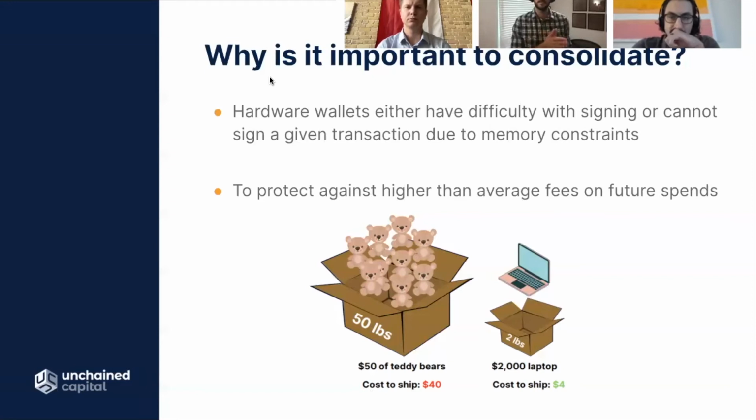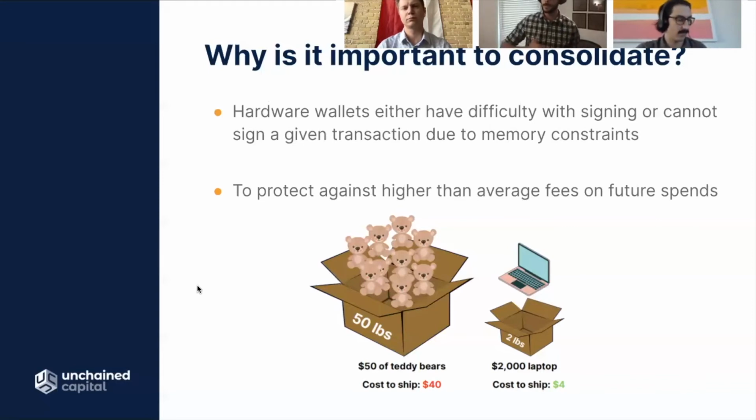This is why it's important to do consolidations on a regular basis. We have some tools available to give you alerts when fees are low. If you see fees are low and you have some UTXOs, you can consolidate them now while fees are low, so that when you have a spend that you want to do later on, you don't have to spend extra, right?